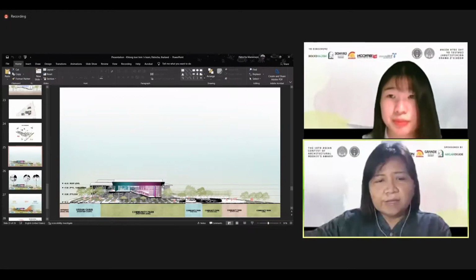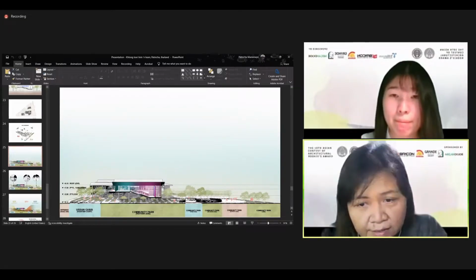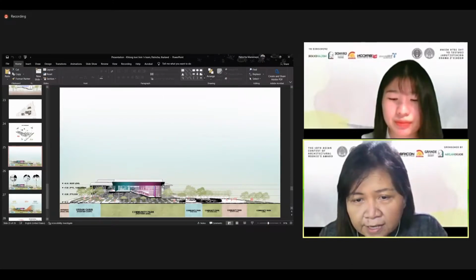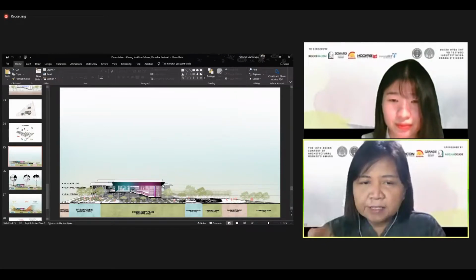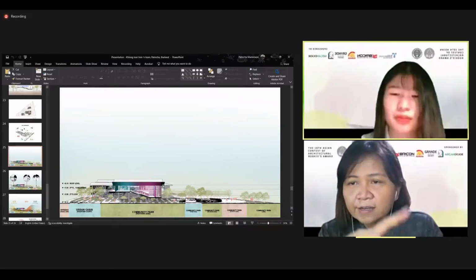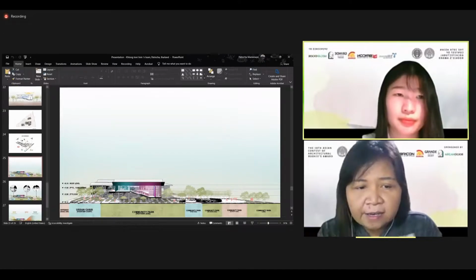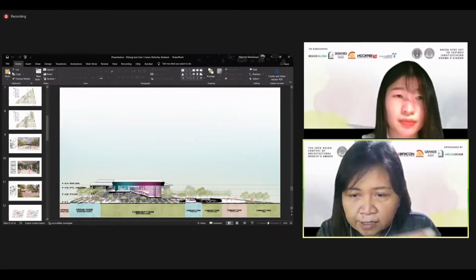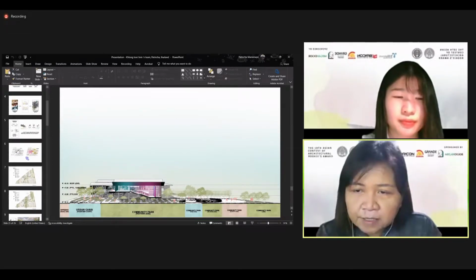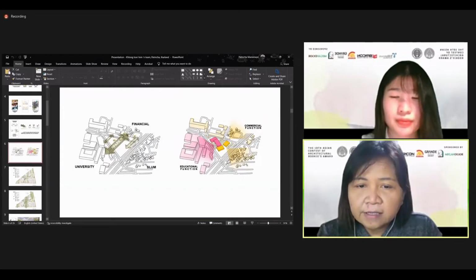Okay, so the community park site is on this side, because you have this very specific triangle, right? Yes. Around your site, so the entrance is from the university and the community park is from the slum area. Is it like that?